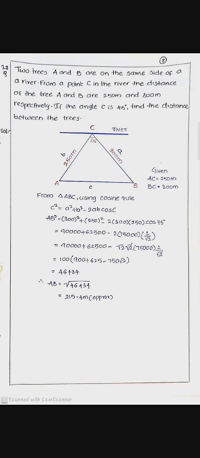So AB bar is equal to the square root of 46,434. Taking the root, AB bar is equal to 215.4 meters approximately. So the distance between the two trees in the river is 215.4 meters.